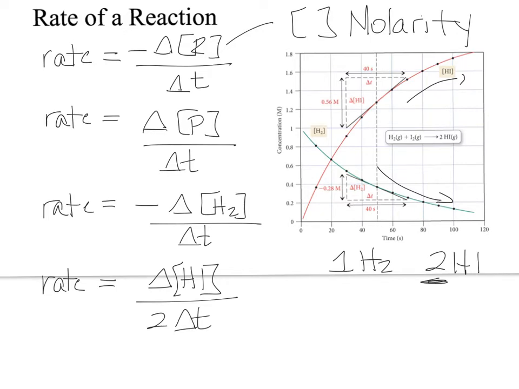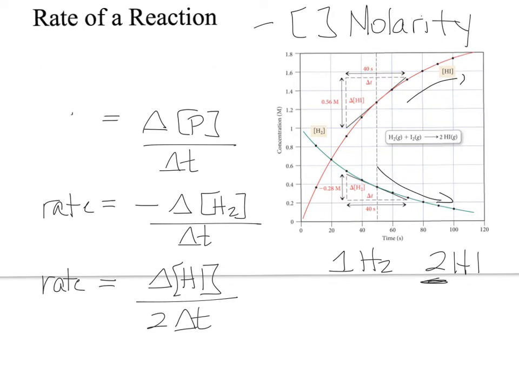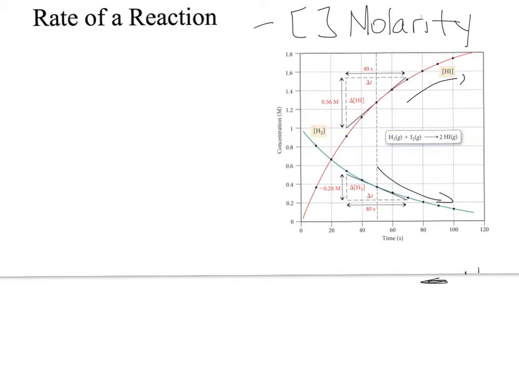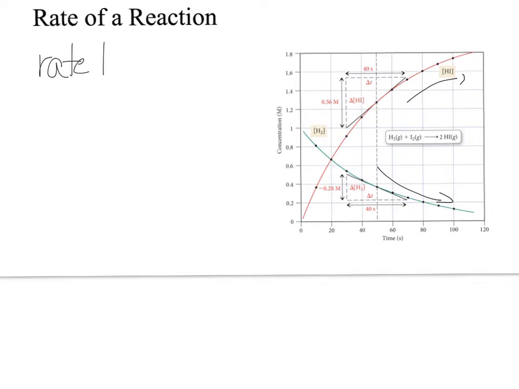Now I'm going to erase for just a moment to talk more about order and what that means. When we write the rate law, we're expressing the relationship of all of the different reactants to rate.